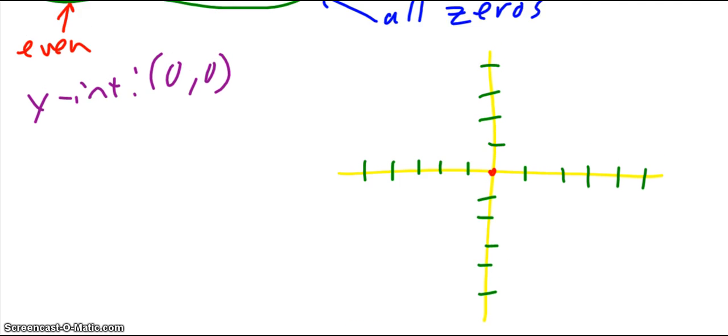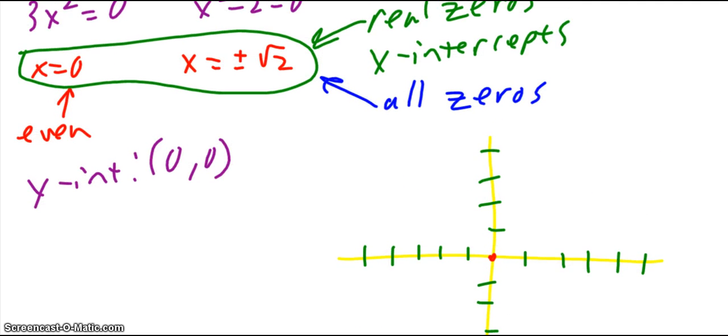I know I also have x-intercepts at root 2 and negative root 2. Root 2 is like 1 point something, so I'm going to have a point like here and here. So what is this graph going to look like?